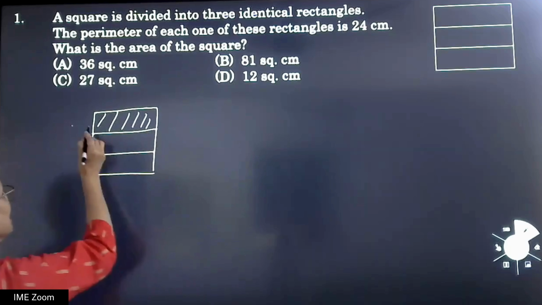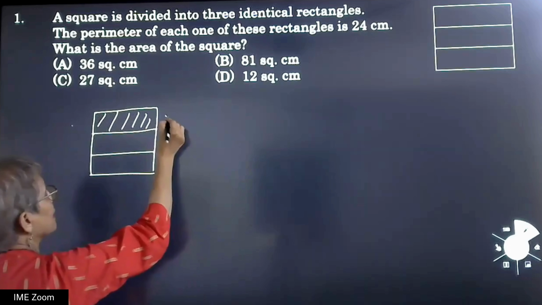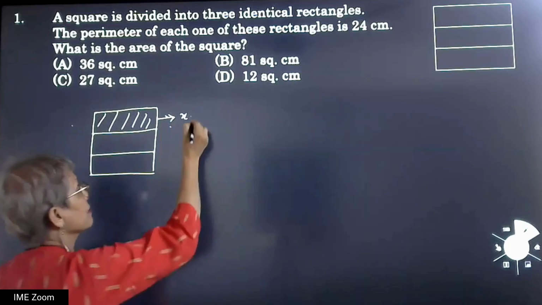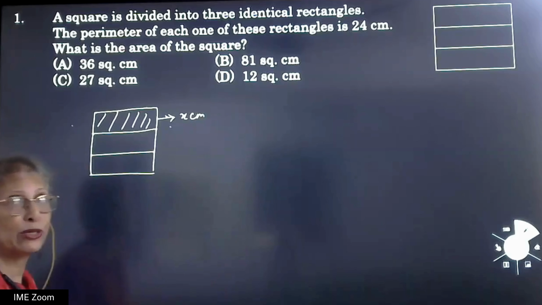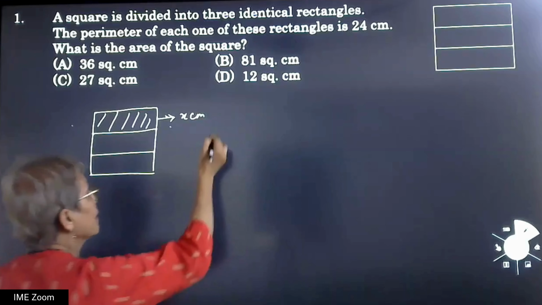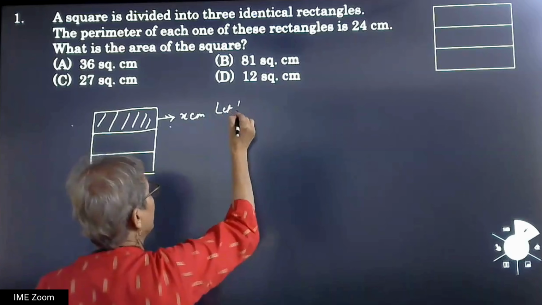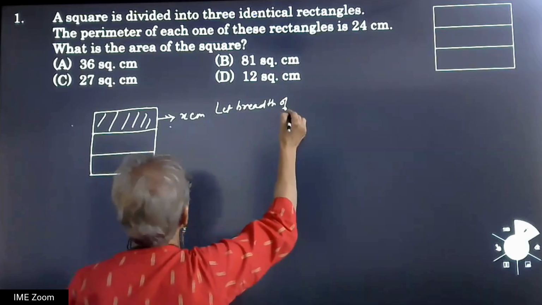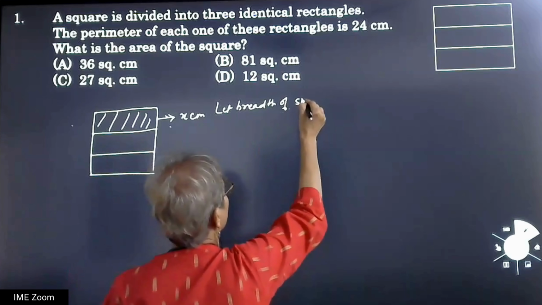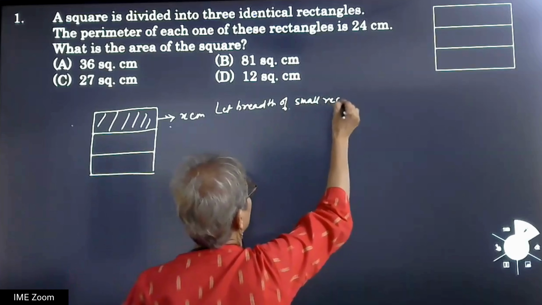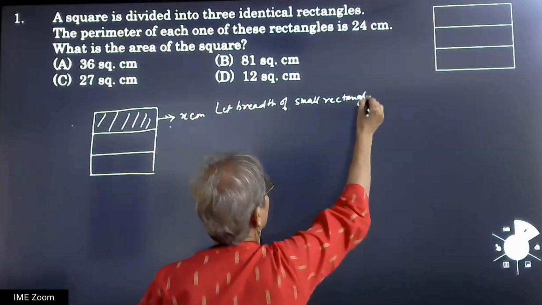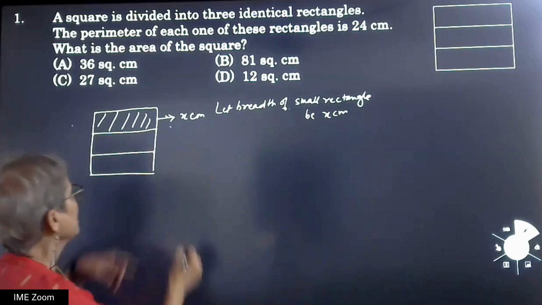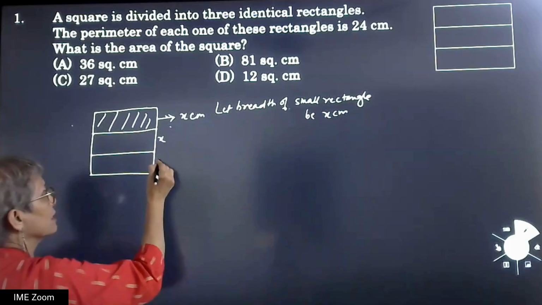Okay. So let us consider the breadth, because it is not given. I will write: let the breadth of the small rectangle be x centimeters. So now this is x, this is also x, this is also x.